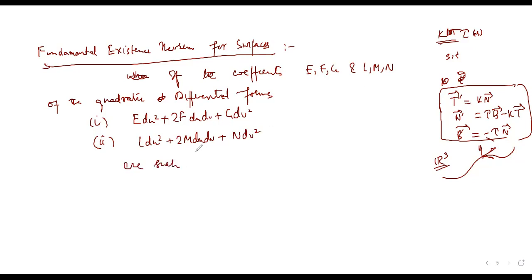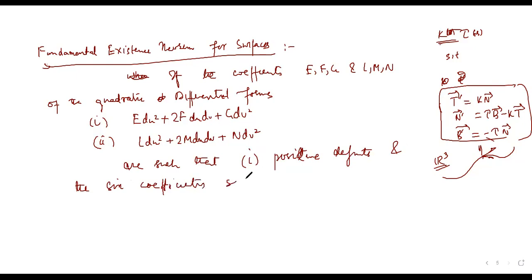अगर E, F, G ऐसे हैं, which are coefficients of these two differential forms, such that the first is positive definite, it's a positive definite quadratic form, which means it will be greater than or equal to 0. It will be 0 if and only if both du and dv are equal to 0, which is positive definite. And the six coefficients satisfy the fundamental equations.